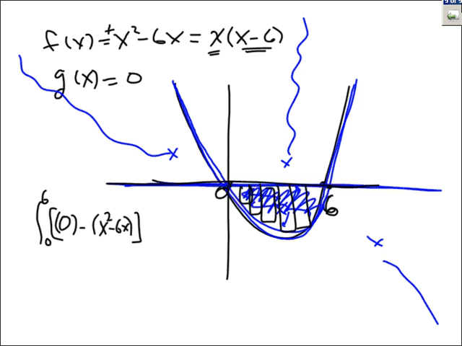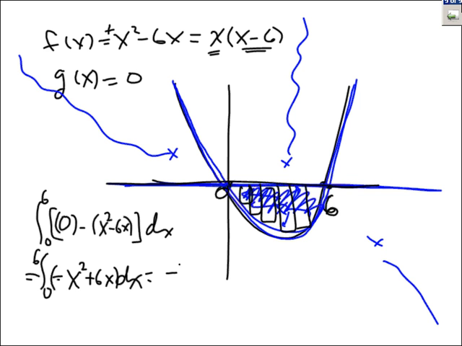Well, first, let us subtract the two. If you subtract these two functions, you get negative x squared plus 6x dx. And this is what we integrate.